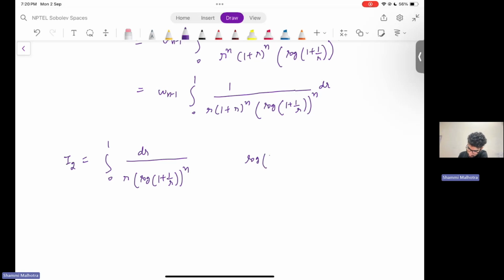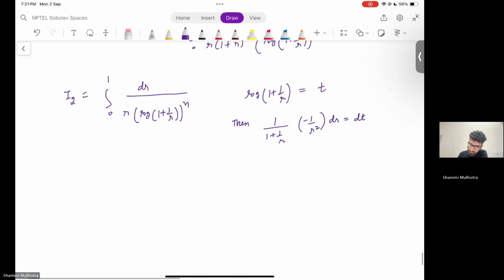So we can actually take the substitution as well. We take this to be t, then we have 1 upon 1 upon r dr, minus 1 upon r square dr equals dt, and when r is 0 we have infinity, and log 1 is log 2.